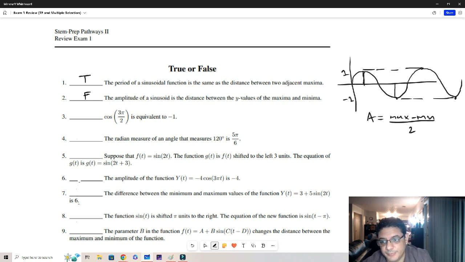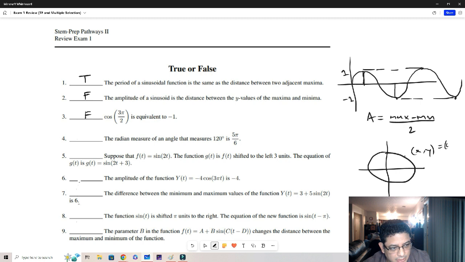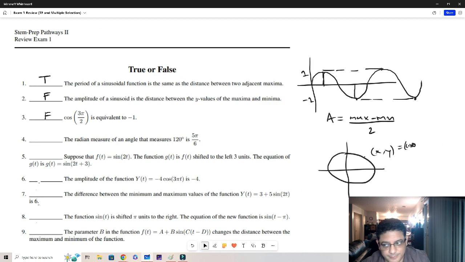Now, number 3 says the cosine of 3 pi over 2 is equivalent to -1, and this is false. If you remember, we go back to the unit circle, where the coordinate x is the cosine of the angle theta, and the y is the sine.